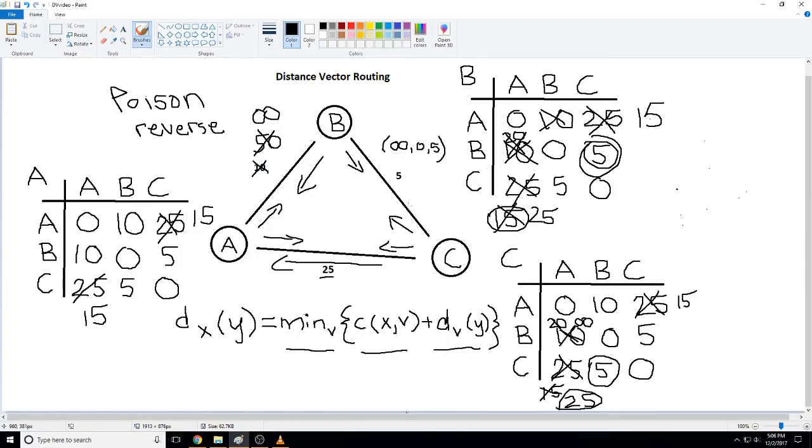When node C receives B's new distance vector with infinity, this will prevent node C from going back through node B and immediately take the direct path to A with cost of 25.